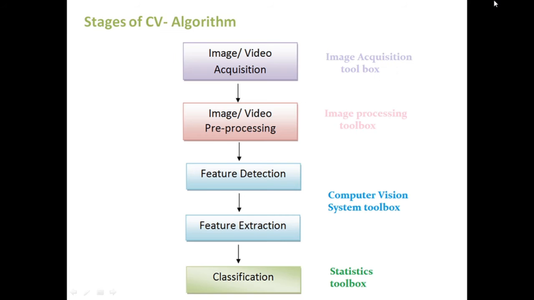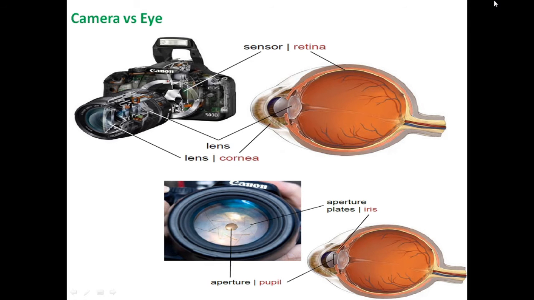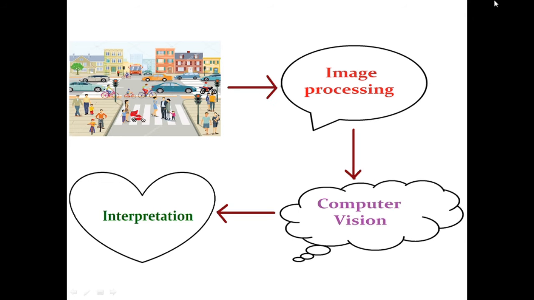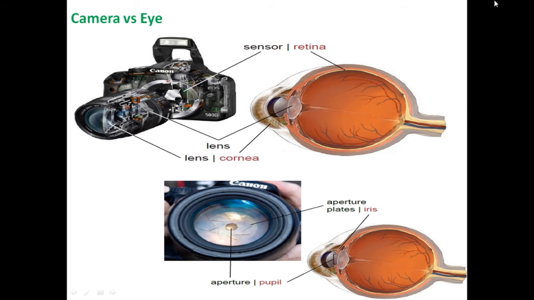A camera or the eye collects the radiation received from the object, that is, light photons. Light photons are converted into electrical signals in our eye or a camera. In the eye, how is this light photon converted into an electrical signal? The retina of your eye takes care of it. And in the camera, the photo sensors take care of it. So this is the sensing device, the sensor, which takes care of converting light into an electrical signal.